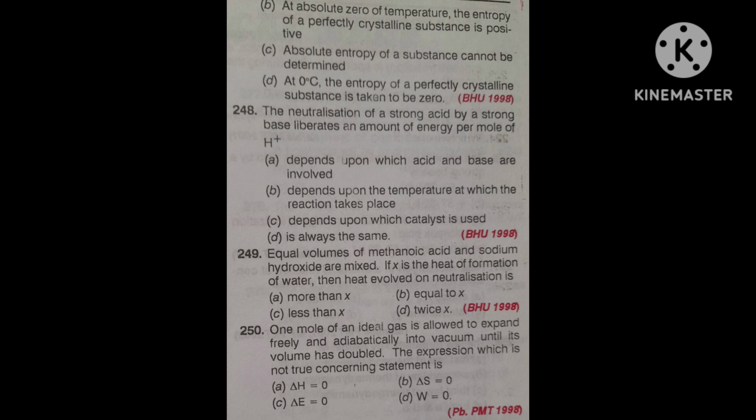Again I am repeating the question. 1 mole of an ideal gas is allowed to expand freely and adiabatically into vacuum until its volume has doubled. The expression which is not true concerning the statement: first, delta H is equal to 0; second, delta S is equal to 0; third, delta E is equal to 0; fourth, W is equal to 0.